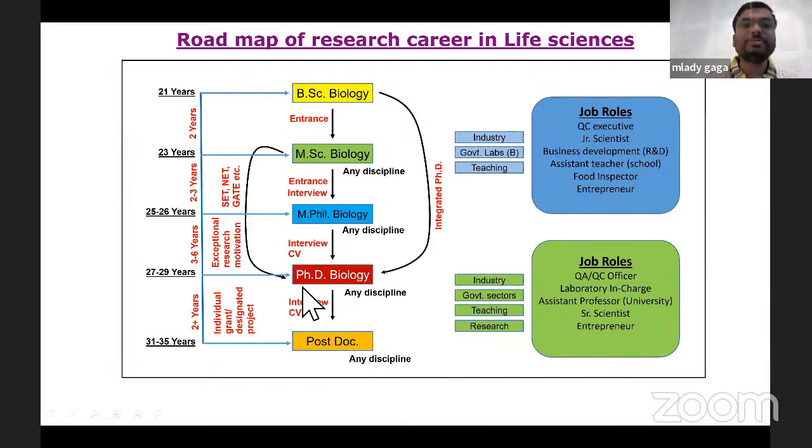You manage, because a master's is time bound, right? In those 2 years you have to finish your master's, but a PhD is not time bound. It can be 3 years to 6 or 7 years.